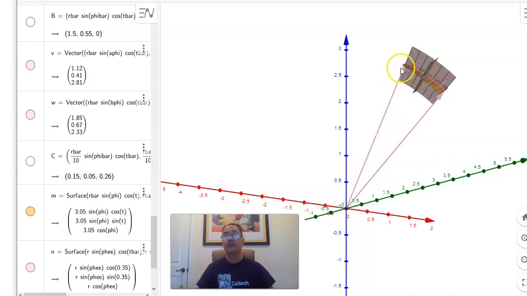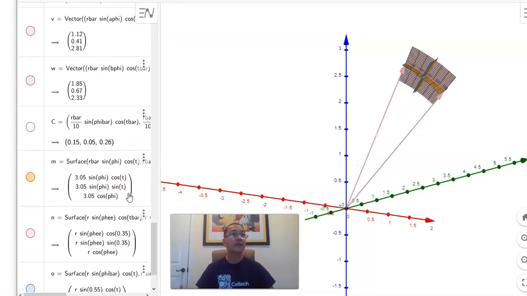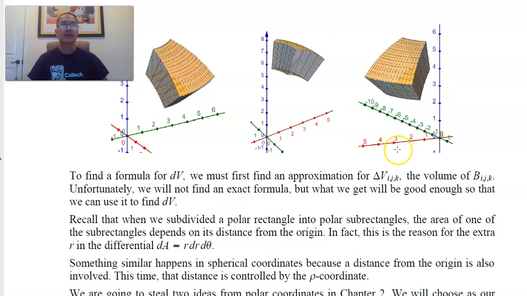So this arc length is delta phi times the radius, which is rho sub i. Okay, so what else do we have? There we go. So there is delta phi over there. So that arc length is delta phi times the radius rho sub i.